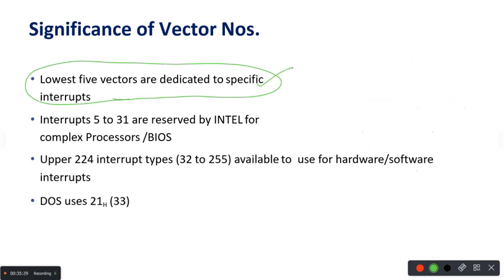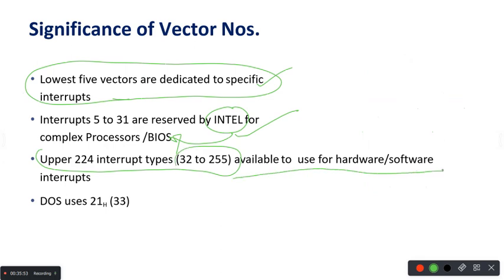Interrupts 5 to 31 are reserved by Intel for complex processors. That means you can't use them. Intel has already put its flag there, saying I want this. Now the upper 224 interrupts, from 32 to 255, are available for hardware and software interrupts.